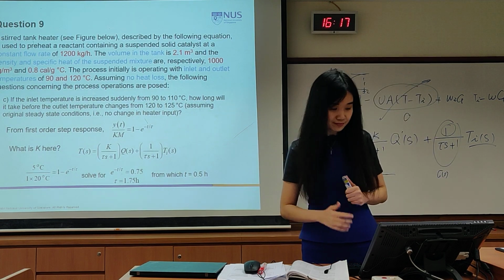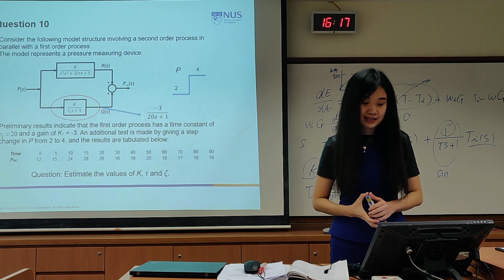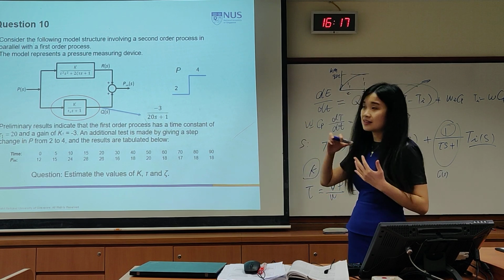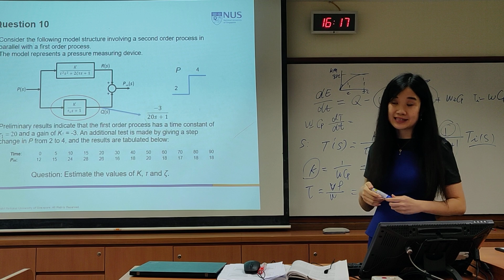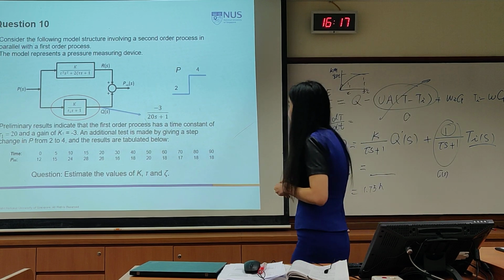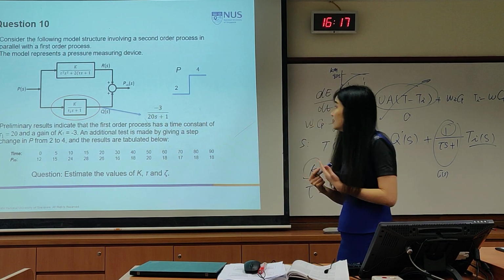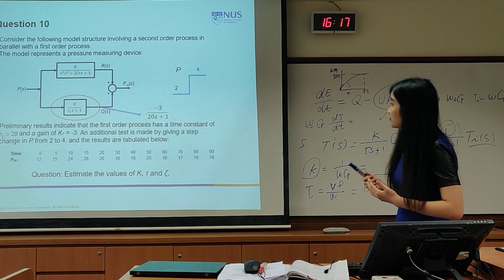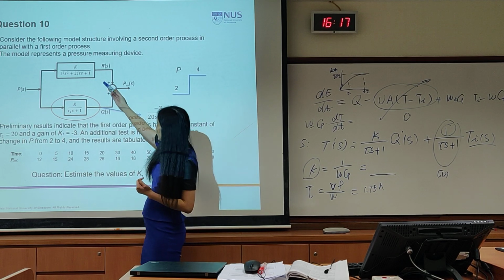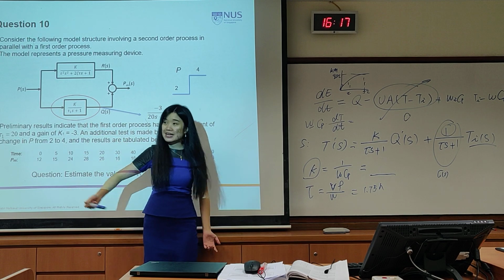Okay, this is question 9, not difficult. Then the next one is based on the process diagram again. So it's not describing the physical process. We directly start with the transfer functions. So we give you this block diagram, where I got input signal PS. This model structure involves a second order process in parallel with a first order process.